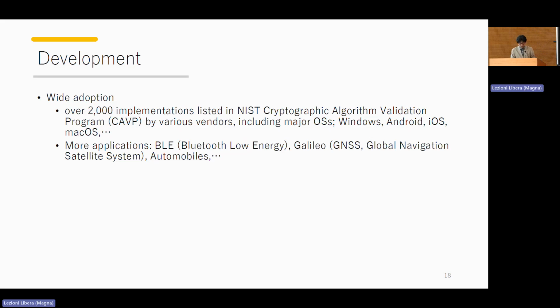And there are more applications that are not listed, like Bluetooth low energy devices. So IoT devices use CMAC. This global navigation satellite system also uses CMAC. Many automobiles are equipped with CMAC. So it contributed a lot to the real world applications.